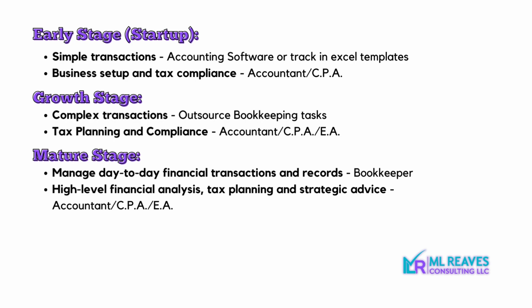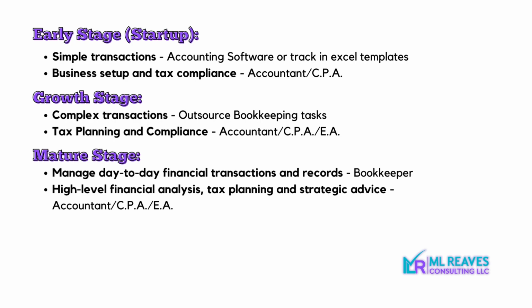In a growth stage, as you start growing, your transactions may become more complex. Maybe you had low or minimum inventory if you sell products, and now you have a higher amount, lots more SKUs.